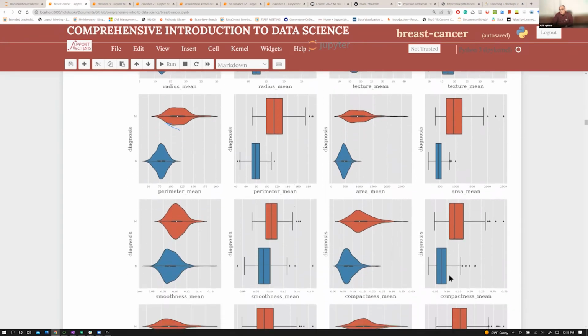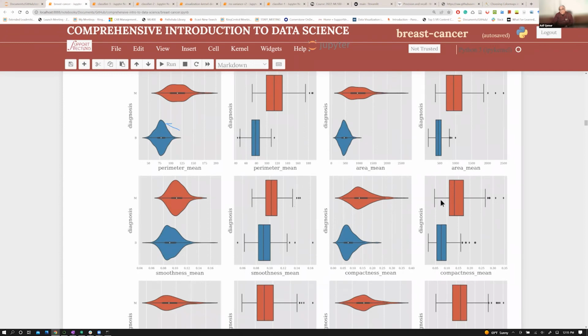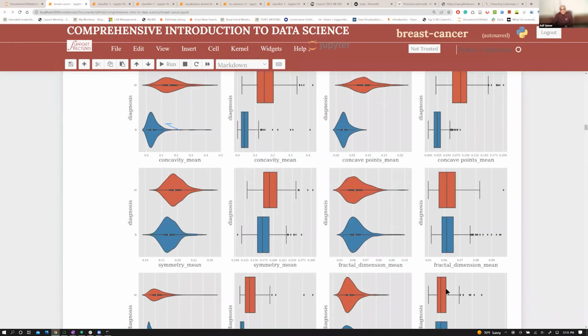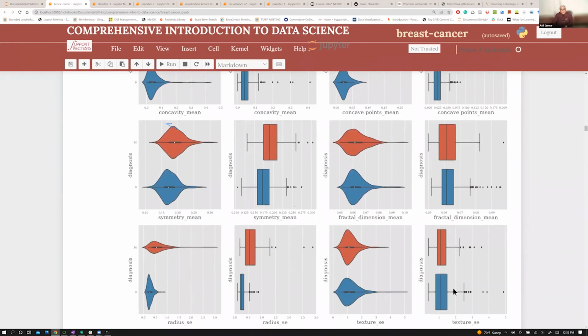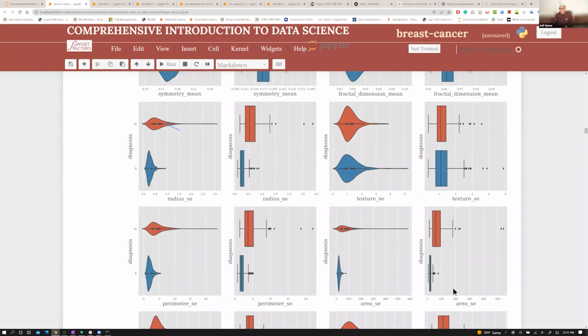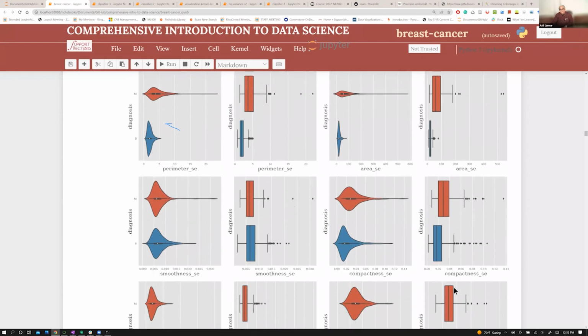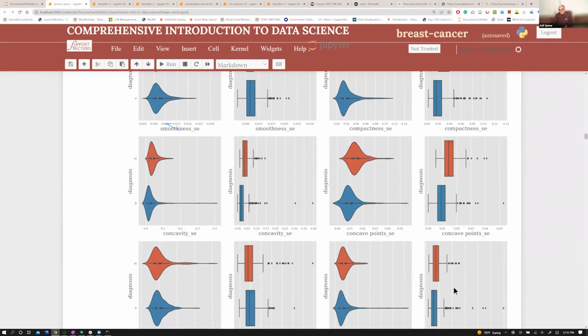And by the way, when you look at it as a box and whisker plot, you can literally find good guesses of what would work as single predictors, right? It's a remarkable thing. For example, you look at concavity mean, these two are fairly well separated on concave points mean, right? So you could actually make a single variable regression model and get quite a bit of accuracy from that, though, of course, including all the factors we have.